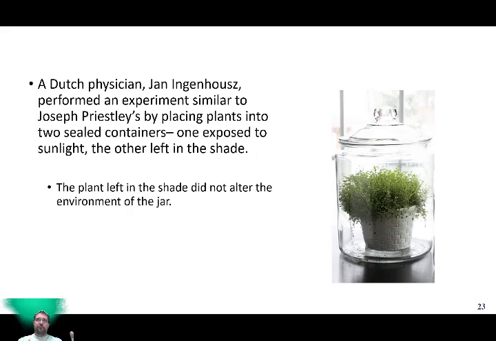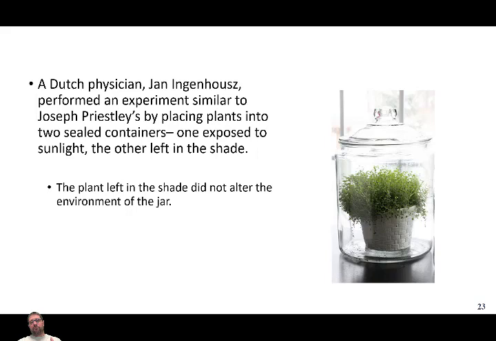Now, most of you have probably seen a situation where you have a plant inside a jar or inside of a container, inside a plastic bag, and you would notice that moisture is building on the outside surface of the container, etc. So that's what Ingenhousz's ideas were.